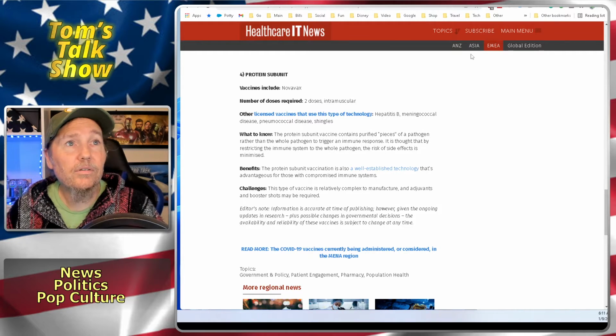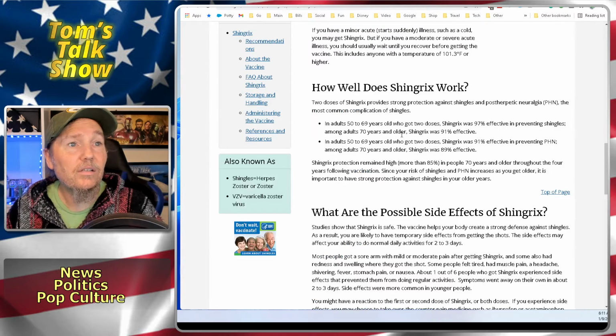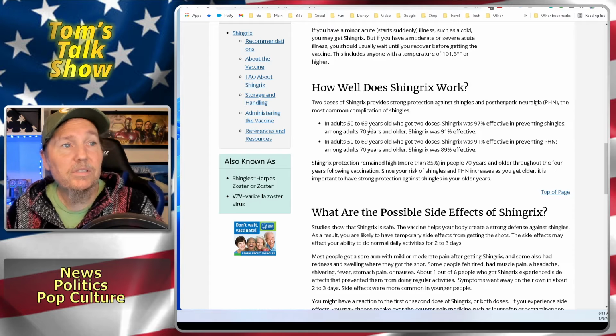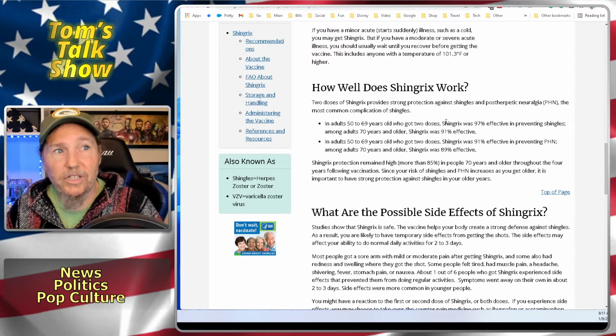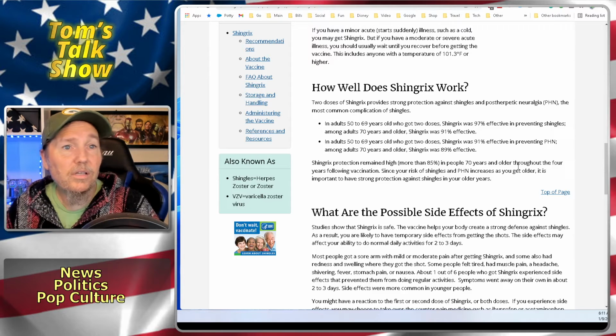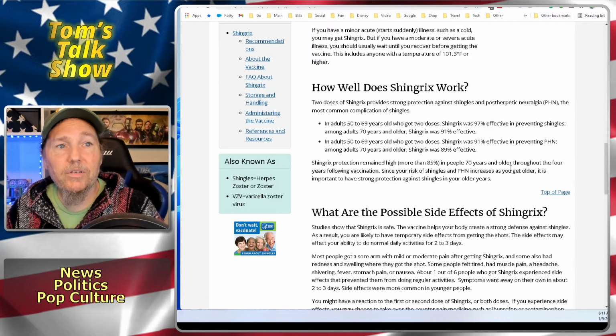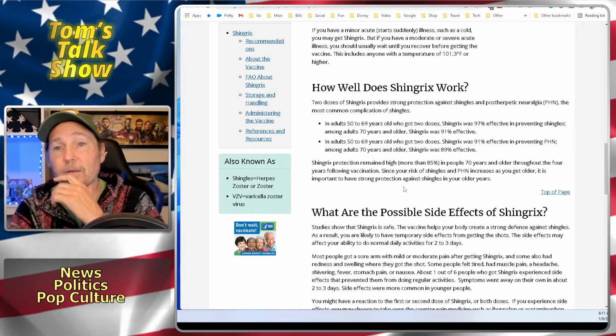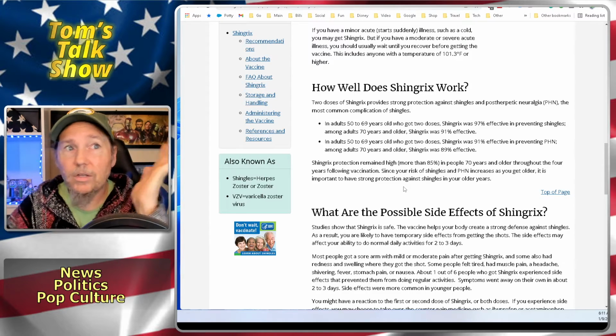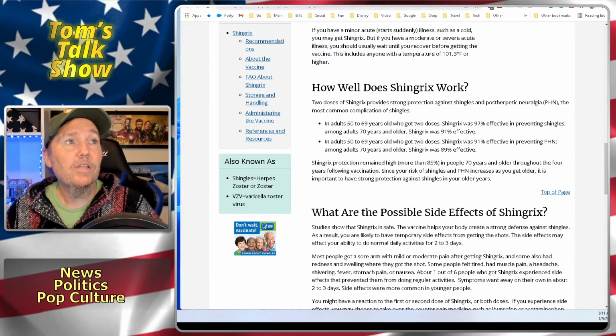So the shingles vaccine, I was looking at this one: in adults 50 to 69, Shingrix, the shingles vaccine, is 97% effective, and Shingrix protection remained high. More than 85% of people 70 years or older after 4 years following vaccination still had protection. So it seems to hold pretty well, that kind of vaccine. So that's good.